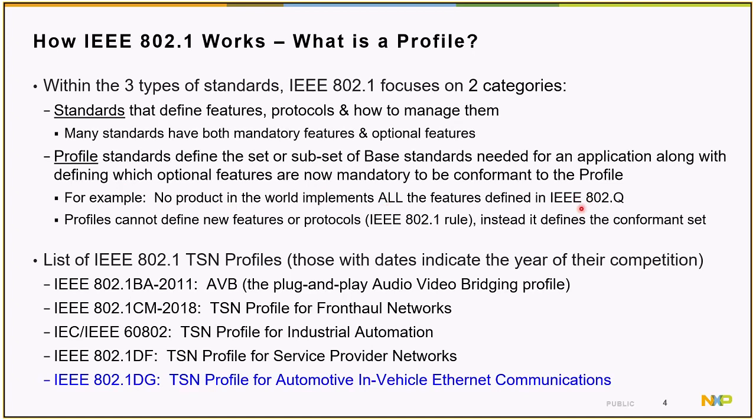There are so many, dealing with provider bridging, small bridging, automotive, industrial and so on, and there's just no product that implements all of them. So there are a lot of optional features. But when you want to bring those bridges together, like for AVB, which was the first audio video bridging profile, you need to define which features that were optional in Q are now required in order to make that whole use case work.